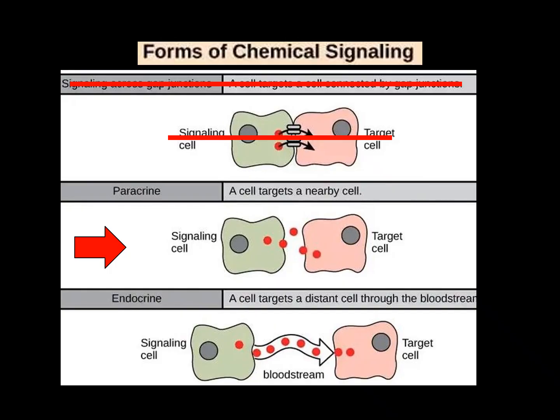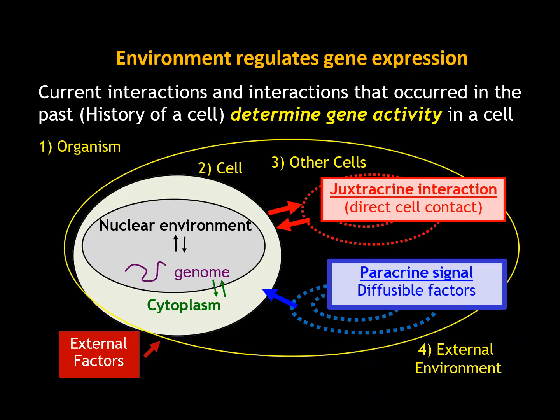Okay, so now let's move into the second example, that is the paracrine cells. Here the cells are close, but not as close as before. So do you remember this diagram that I told you the cells have? We generally think about the organism that the environment is outside, but there is another environment that is the internal environment, and even the inside of the cell is also a cell environment.